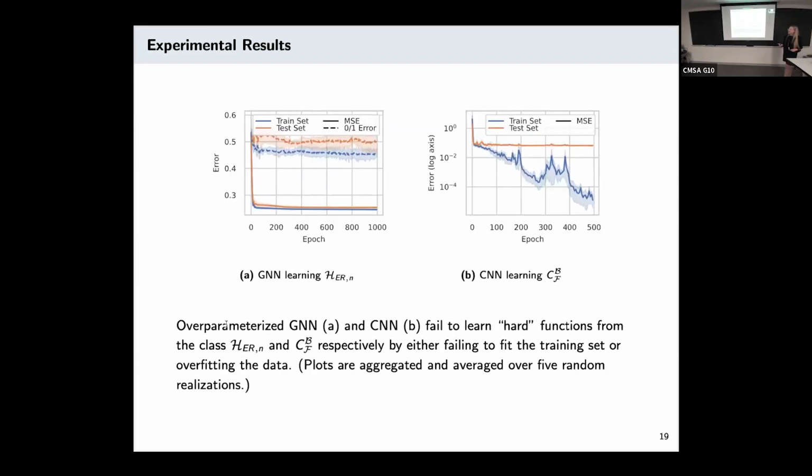I also want to show you some experimental results. Again, this runtime complexity analysis is a worst case analysis, right? We want to construct a class of functions that attains some lower bound that's exponential. That's how we show hardness. So this is by no means something that always happens in practice.